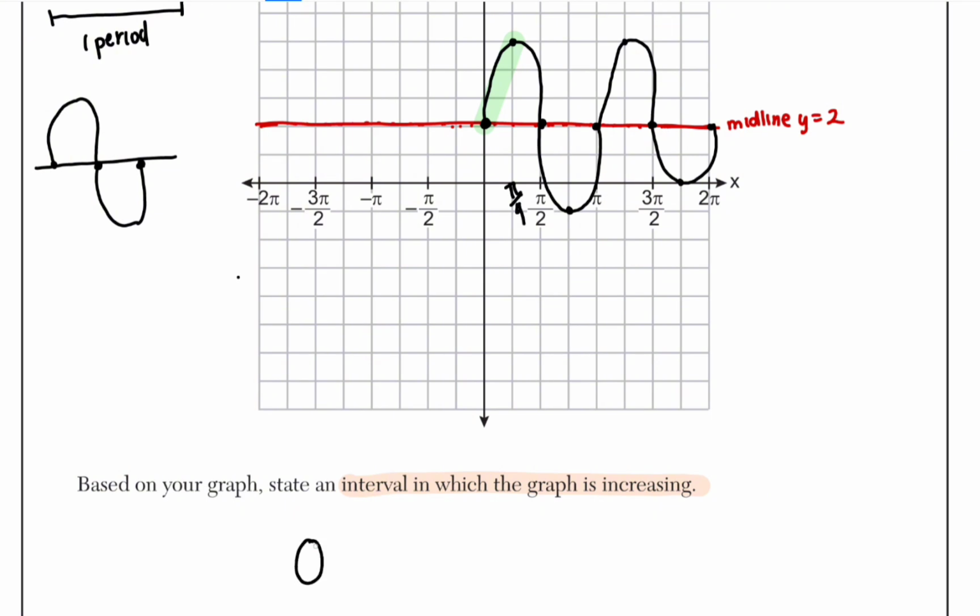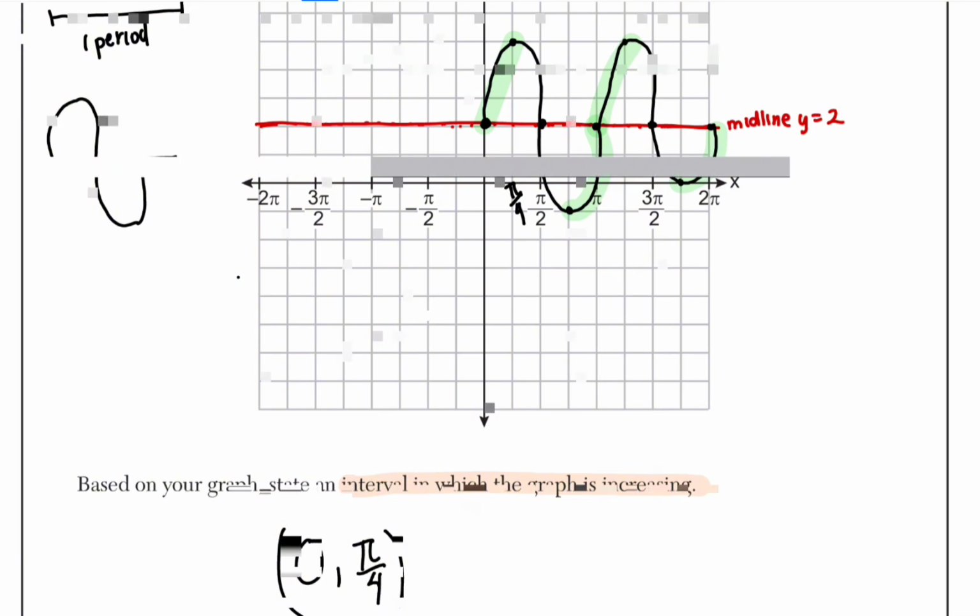So one of our intervals would be from 0 to pi over 4. Where you see it increasing, for example, from here to here, that would be an example of an increase. Here to here would be an example of an increase. From here to here, that's an example of an increase. Wherever you see an example of an increase, that would be a valid interval to write.